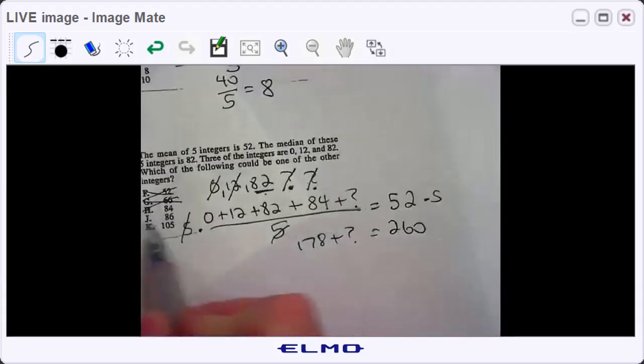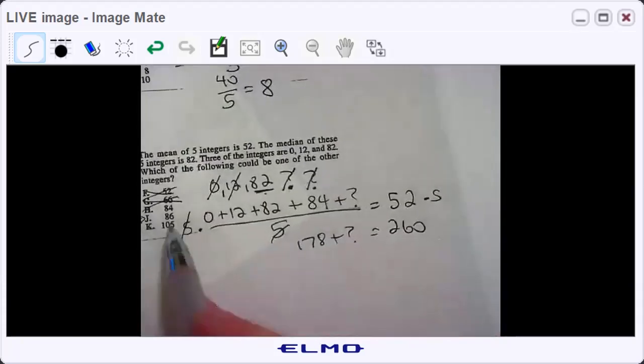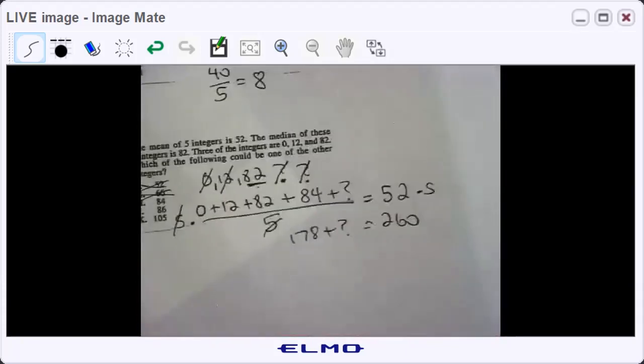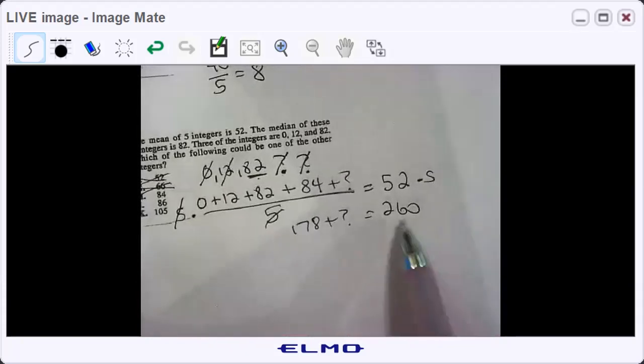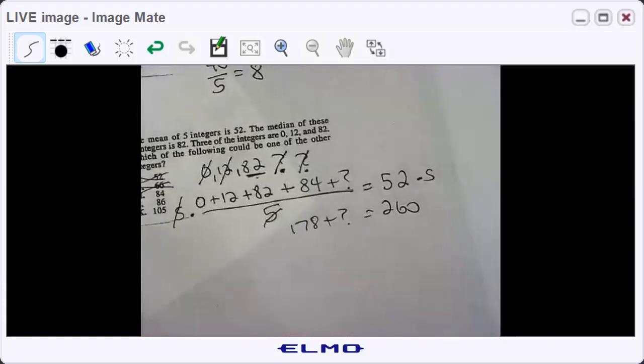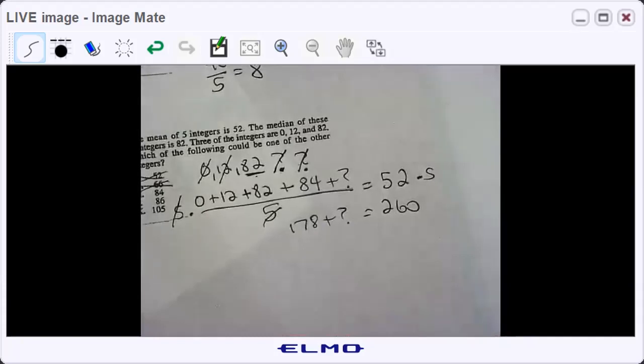Let's go ahead and look at choice J real quick. If it was 86 and we did the same kind of math, we'd have to subtract these numbers from 260. So I'm just going to take my calculator and do 12 plus 82 plus 86 and subtract that from 260.